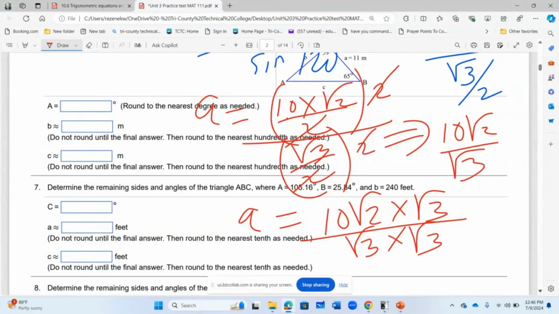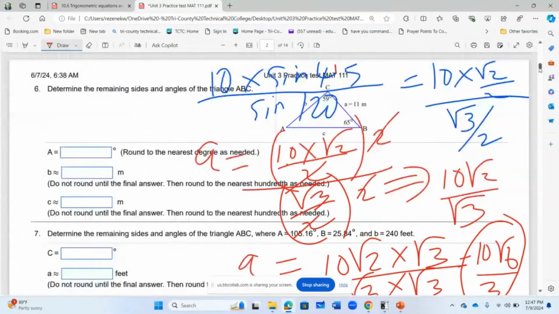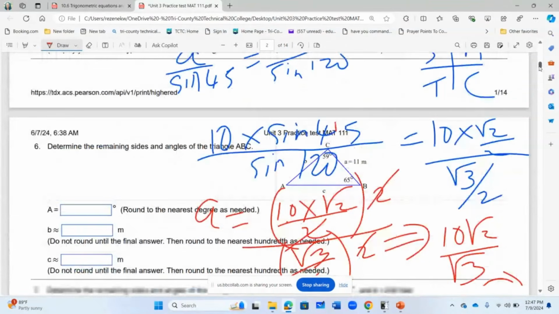I rationalize the denominator, and I have 10 root 6 over 3. And that's all I can do. I'm told to leave my answer in exact form, so that is what I can do.